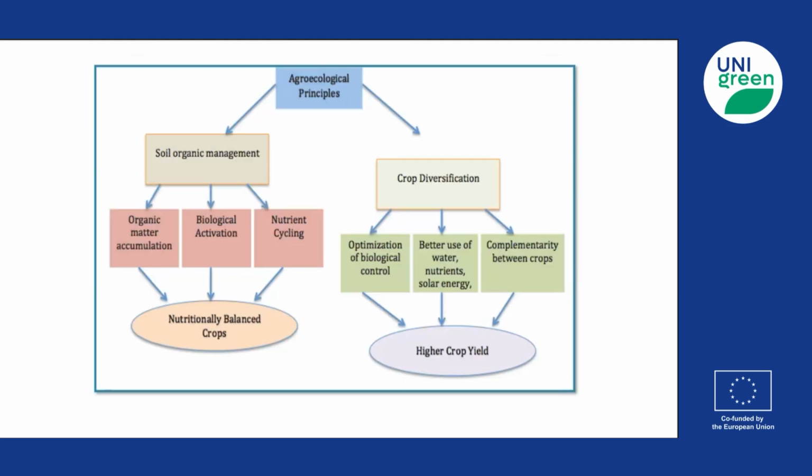So this is what we work on in agroecology with these two principles: plant health and soil quality. It's so important. So in order to enhance soil organic matter, we have different practices, but the idea is to have organic matter accumulation, biological activation, and nutrient cycling. And in terms of crop diversification, we have different processes that we want to optimize: biological control, and better use of water, nutrients, solar energy, and complementarity between the crops that we are adding in order to have plant health and high crop quality.